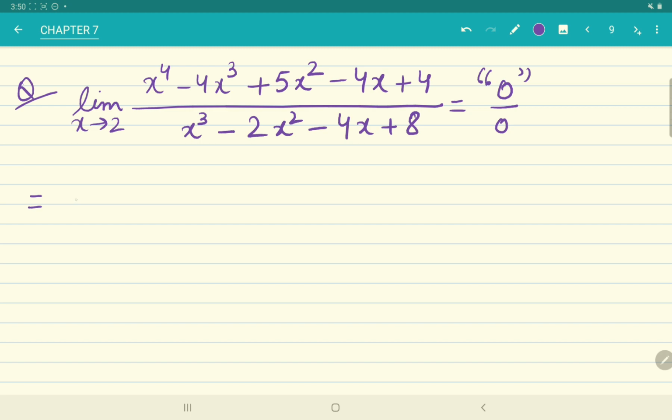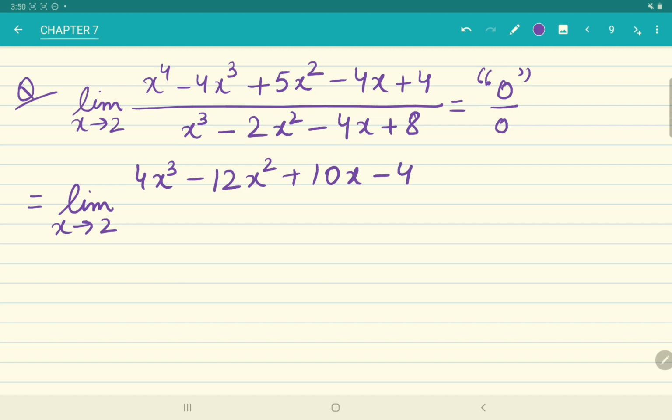So what's the next step? You apply L'Hopital's rule and you see that you get 4x cubed minus 12x squared plus 10x minus 4 divided by 3x squared minus 4x minus 4. Now you see that even this is an indeterminate form of type 0 by 0. Even in this case, both the numerator and the denominator tend to 0 as x tends to 2.